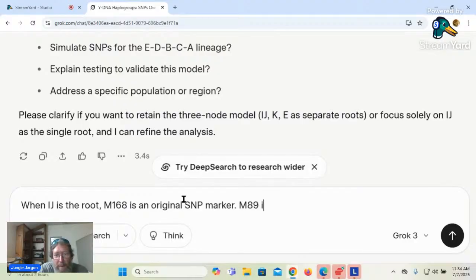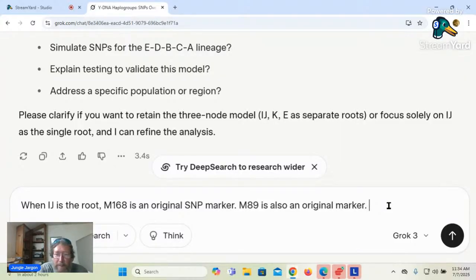M89 is also an original marker. What was it? M429?